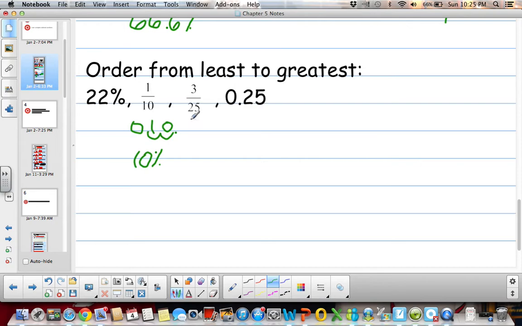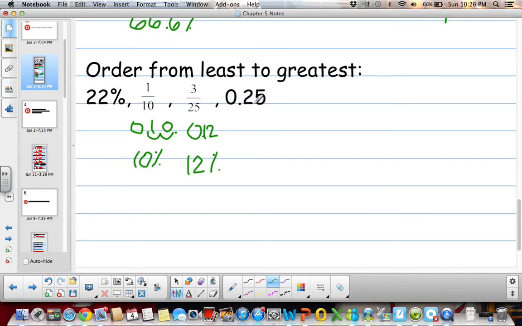Okay, 3/25, we can take 3 and divide it by 25, and we would get 0.12. We also know that 25 times 4 is 100, so 3 times 4 is 12, so we would get 12 over 100, which would be 12%, and 0.12 is the same as 12%.